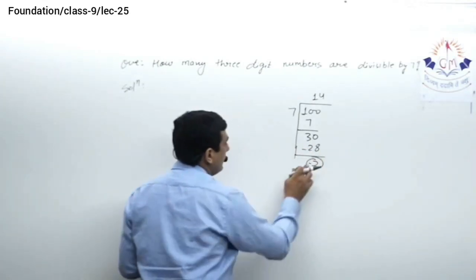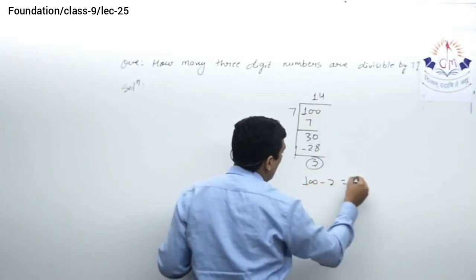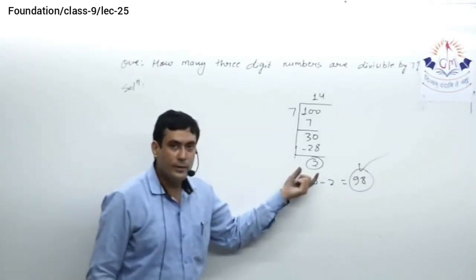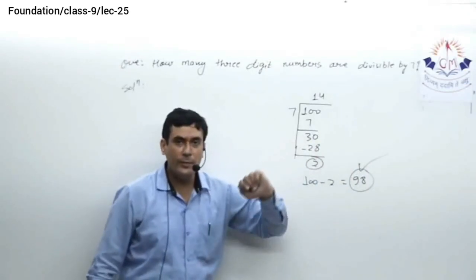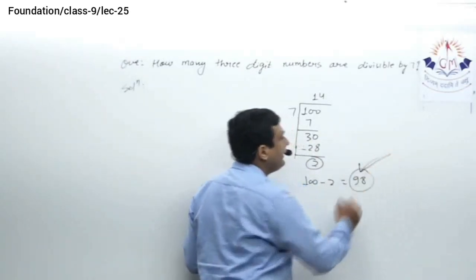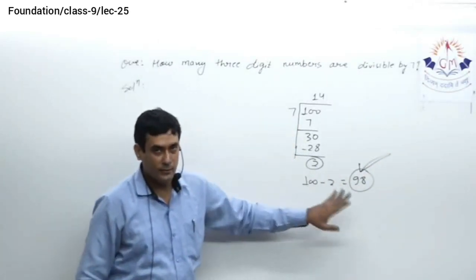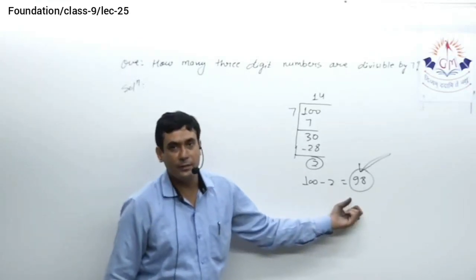That means if I subtract 2 from 100, I will get 98, divisible by 7, because here the remainder is 2. If I remove this remainder, the number will be exactly divisible by 7. So 98 is divisible by 7, but this is not a 3-digit number. However, it is near to the first 3-digit number.